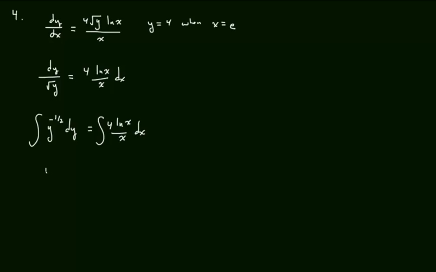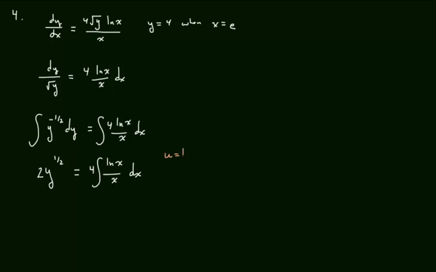The left hand side, y to the power of 1/2 divided by 1/2, or times 2, equals, okay, this is a little bit trickier in that this one is not a simple antiderivative.